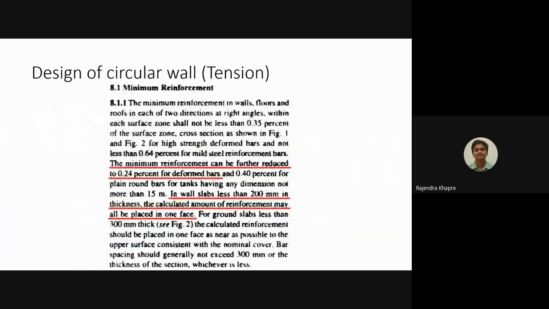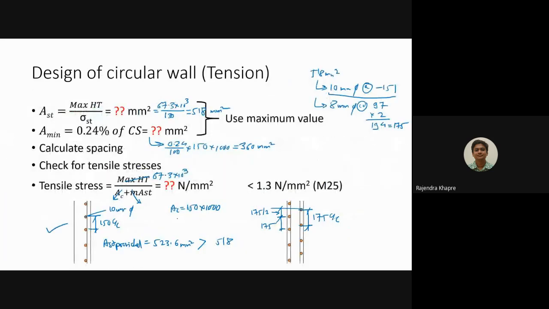So let me go back. Modular ratio is your 10.98 and your Ast value is 523.6. So how much is this stress now?